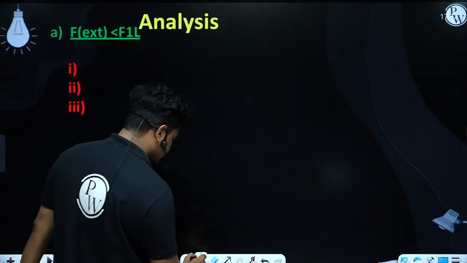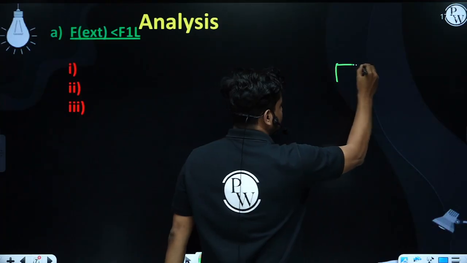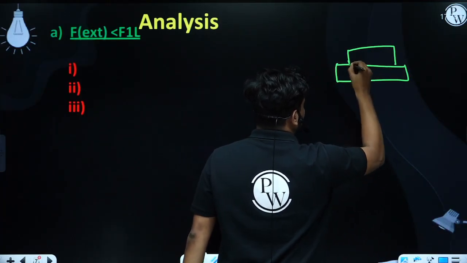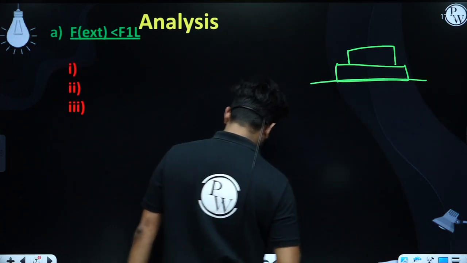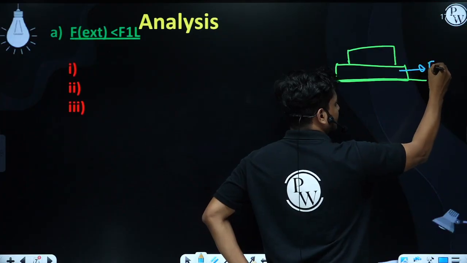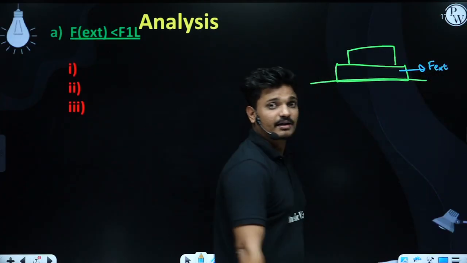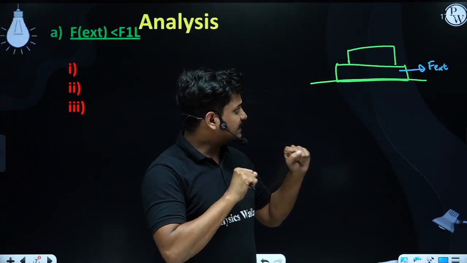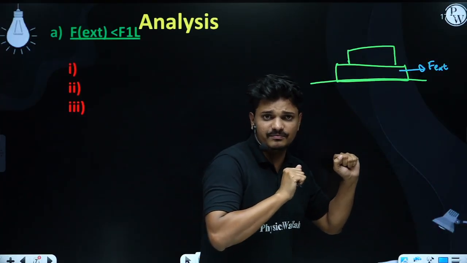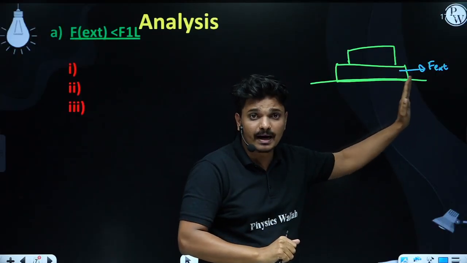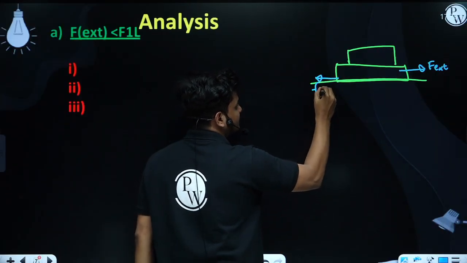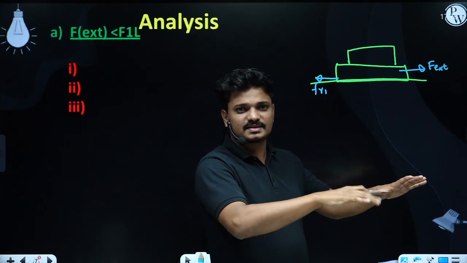Look here students, this is our bottom block, and this is the top block, and this is the ground, and this is our F external. When F external is applied on the bottom block, what happens? This Fr1 tries to resist, that is its duty, that means it always resists the relative motion.